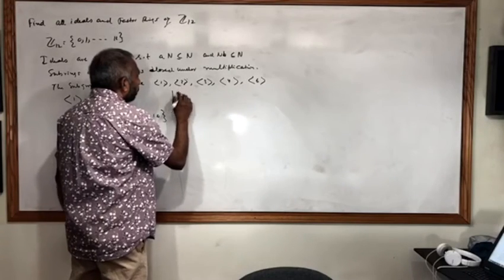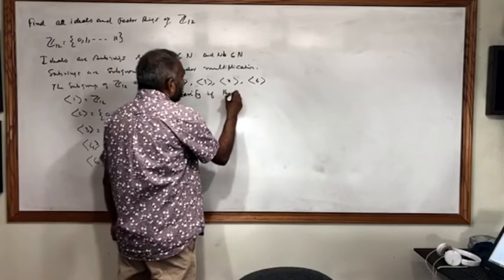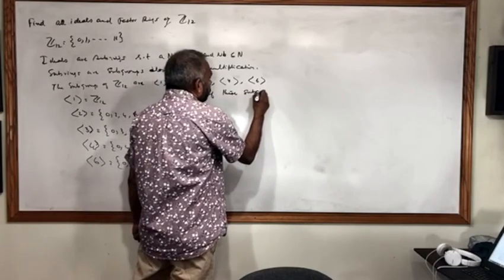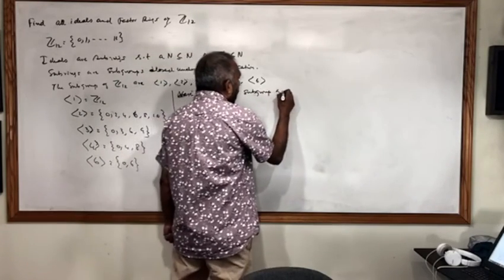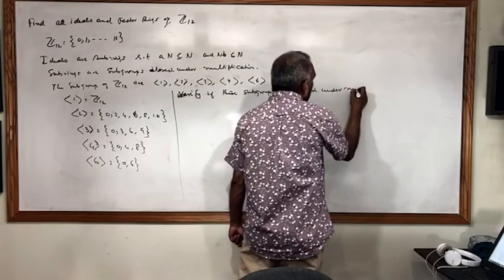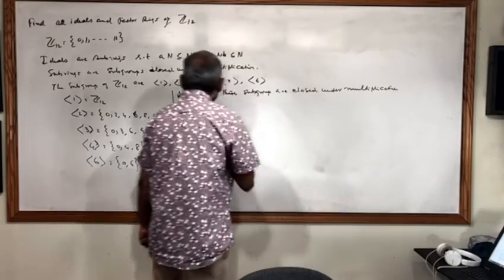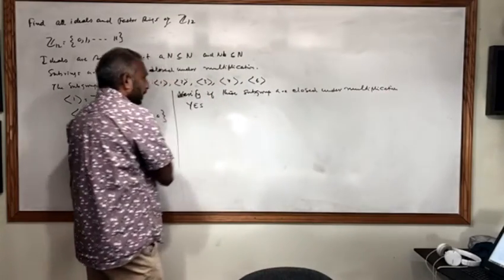Verify if these subgroups are closed under multiplication. The answer is yes, it is closed under multiplication.